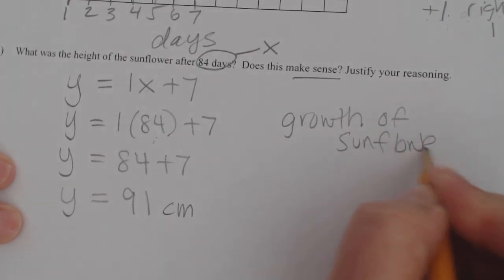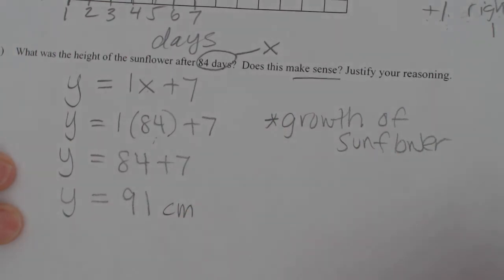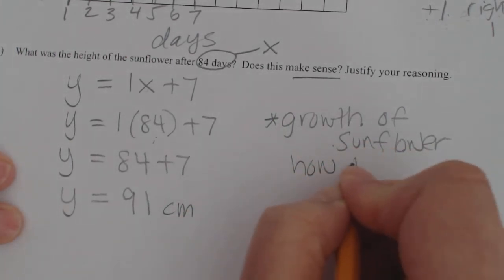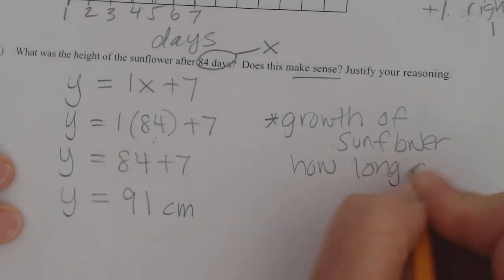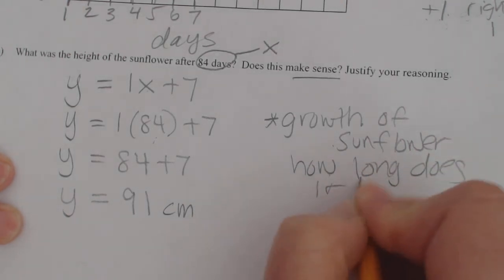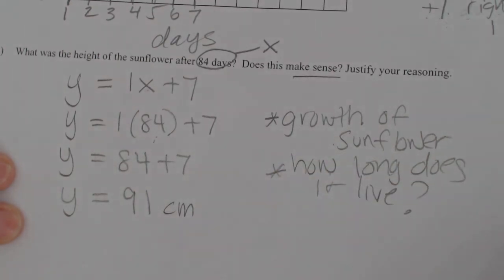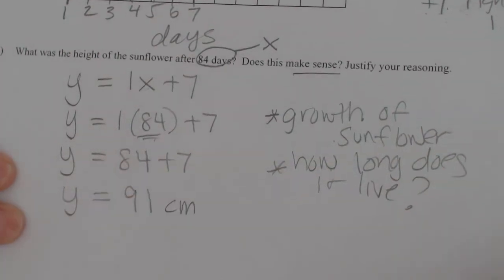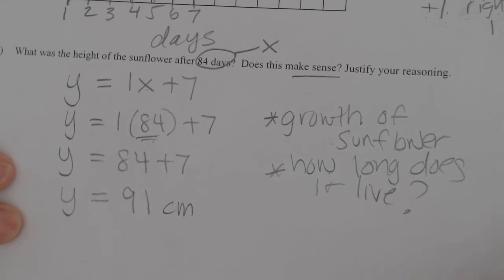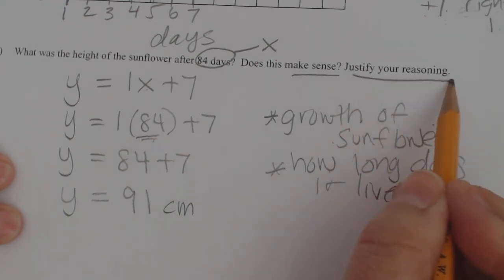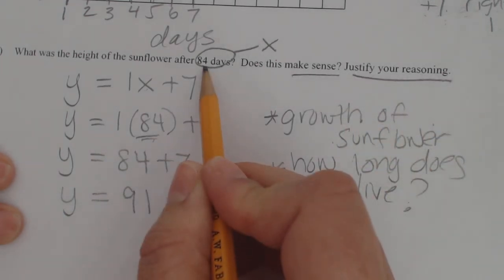So in justifying your reasoning, I think you should Google this: growth of a sunflower, how long does it live? So look that up. Does it live past 84 days? So is this reasonable? I look up growth of a sunflower, how long does it live, in order to justify my reasoning and make sure 84 days is that long.